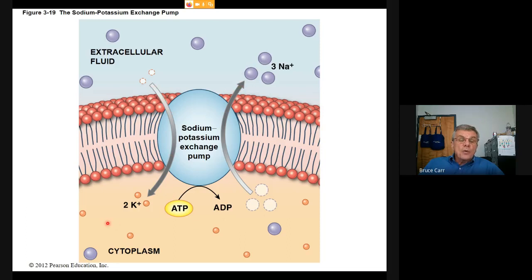And so when the potassium pump and other carriers are all working together, it sets up a situation with a lot more sodium outside and a lot more potassium inside, but it's not balanced. So there's a charge that exists between the outside of the cell and the inside. That's called the cell potential. We're going to return to that later on. An active transport mechanism, the sodium-potassium pump.